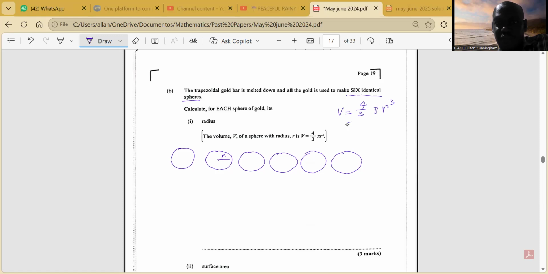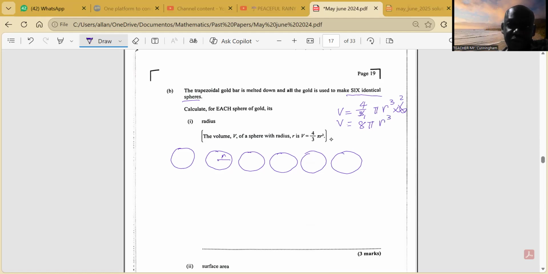But if we have to multiply by 6, right? We have to multiply by 6. So 3 into 3, 1. 3 into 6, 2. And 4 2s are 8. So the volume now is 8 pi r to the 3rd.